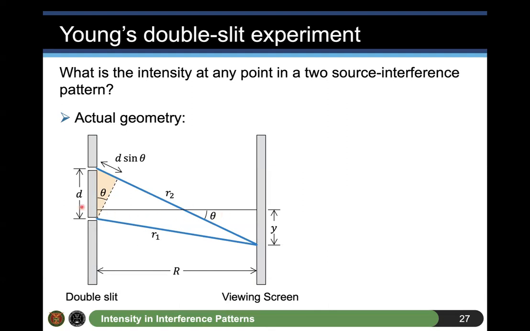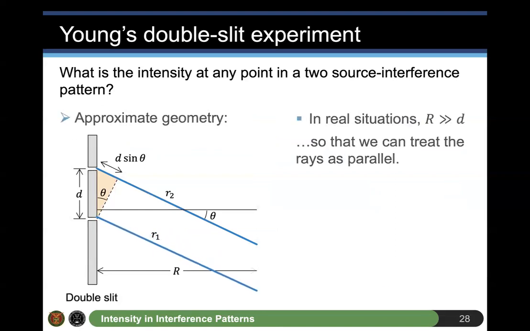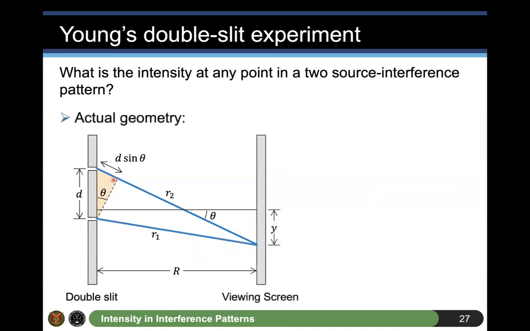When there is an angle theta, using geometry, the angle from the line perpendicular to R2 to R1 is also theta, and this length will just be d sine theta. So when we project this angle onto the line, it is d sine theta.